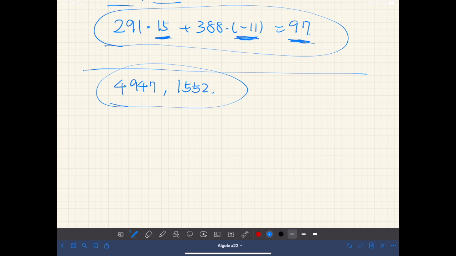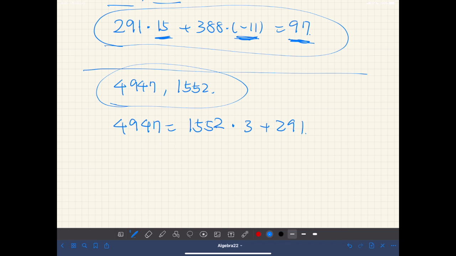Actually, what we are going to do now is an application of the Euclidean algorithm, which we will explain later. Anyway, first we apply the division algorithm. 4947 is 1552 times 3 plus 291.